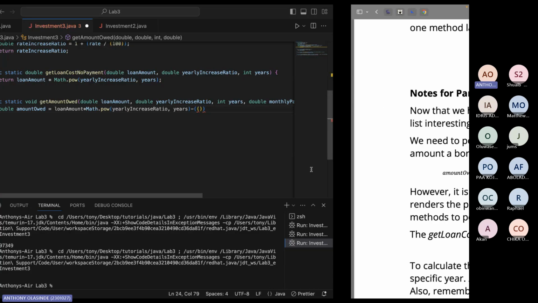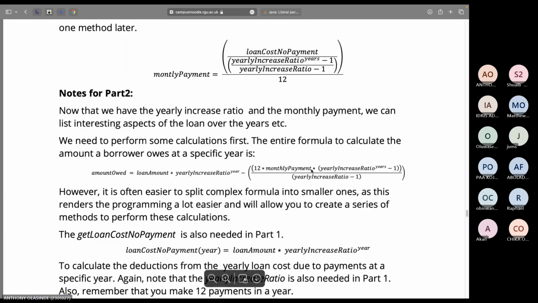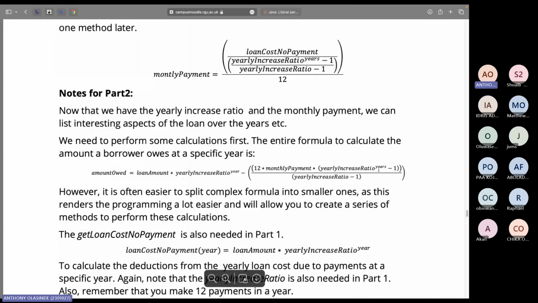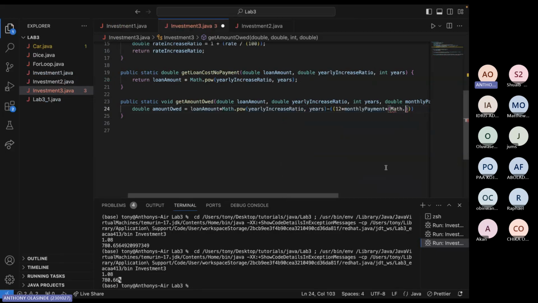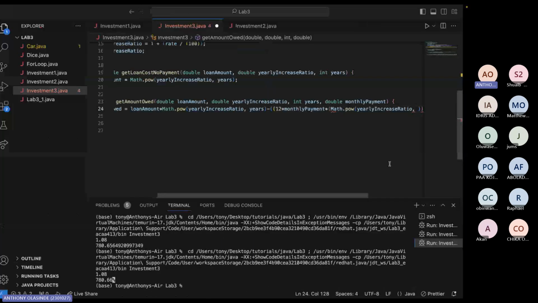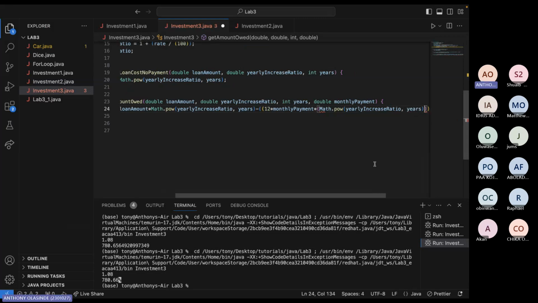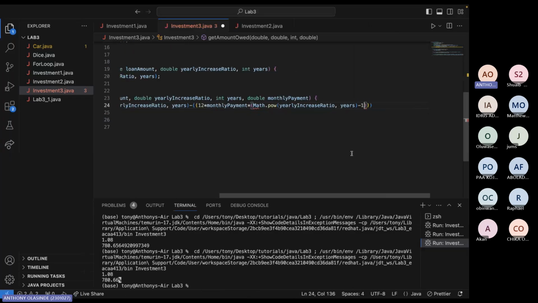That's 12 times monthly payment, times another bracket, Math.pow, yearly increase ratio by years, minus 1. Yep, I think we're right on track.